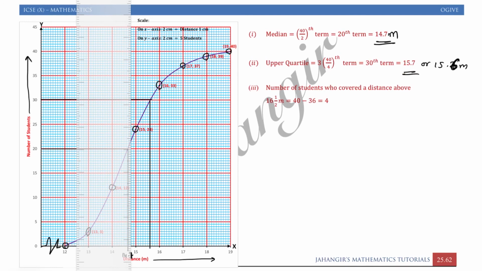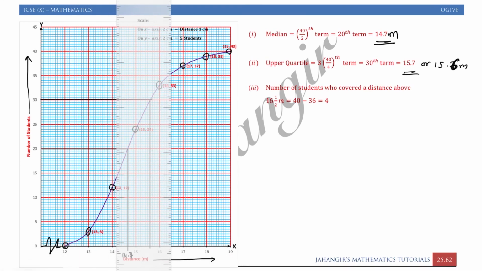Okay. Now we have to see the number of students who covered a distance above 16 and a half. So how many students covered more than 16 and a half meters?